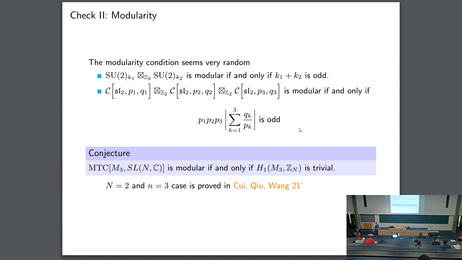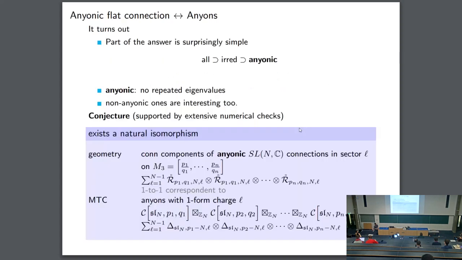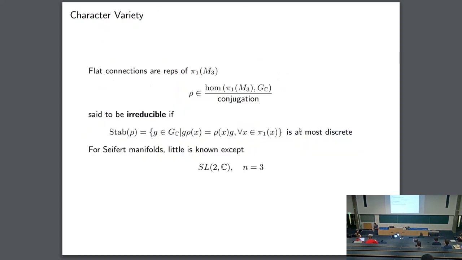Thank you. I was curious about where the circle fibration on the Seifert side enters into the properties of the MTC. If you were to relax the circle fibration, would you relax some of the categorical properties on the other side of the correspondence? I don't know.